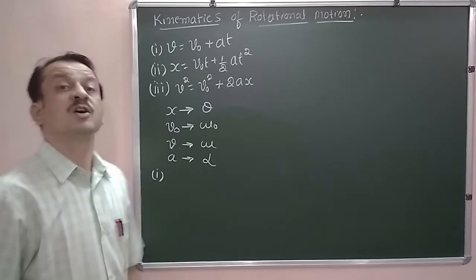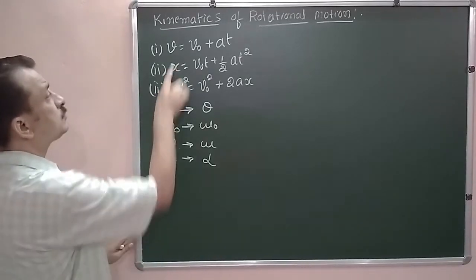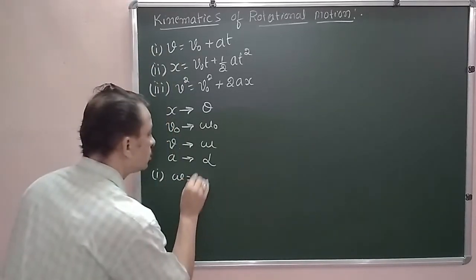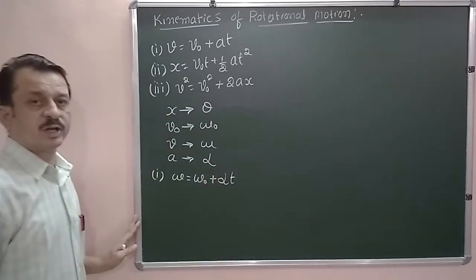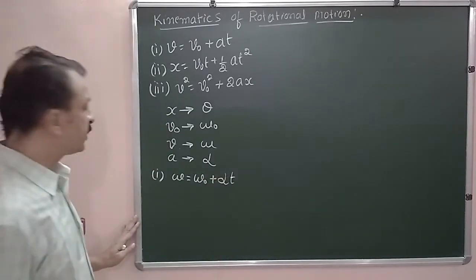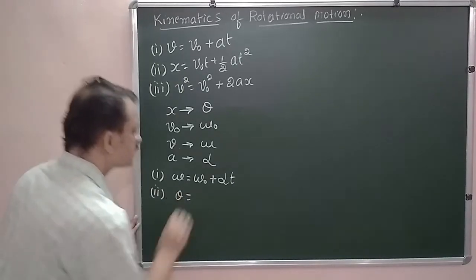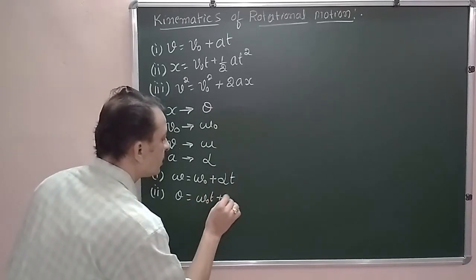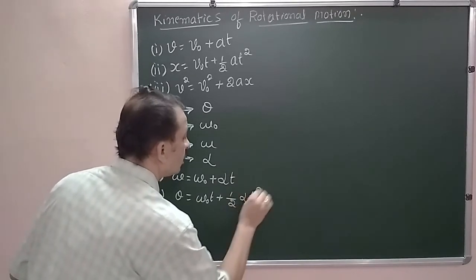equations in rotational motion. They are, first one, omega is equal to omega naught plus alpha into t. That is the first kinematic equation. And the second kinematic equation, displacement theta is equal to omega naught t plus half alpha t square.